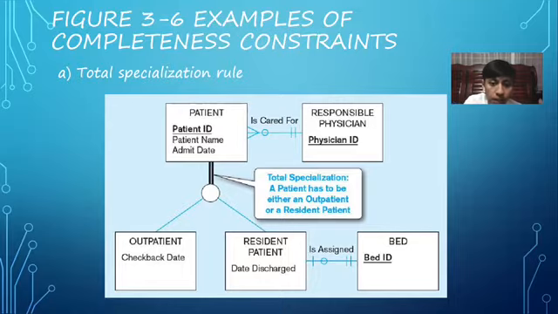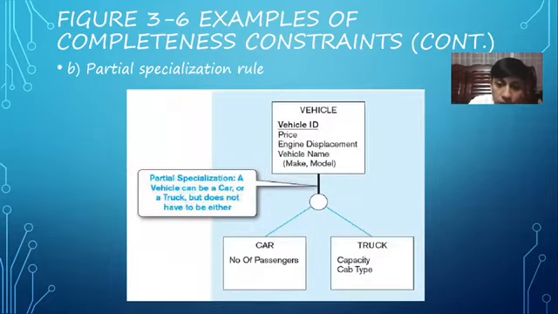In this example, every time a new instance of a patient is inserted into supertype, a corresponding instance is inserted to either outpatient or resident patient. If the instance is inserted into resident patient, an instance of the relationship is created to assign the patient to a hospital bed. The next one is partial specialization rule.